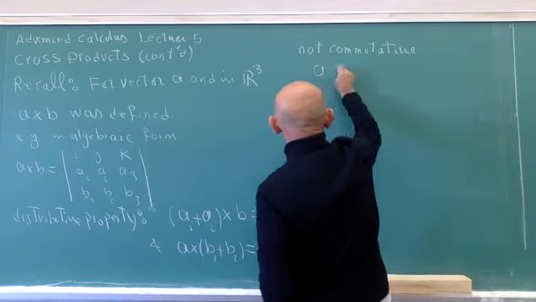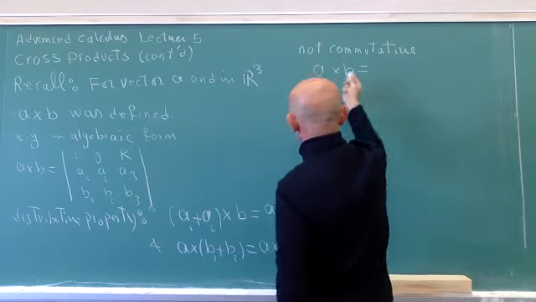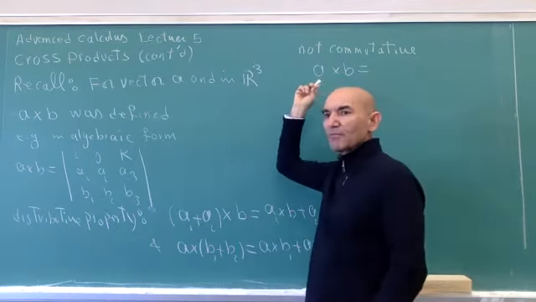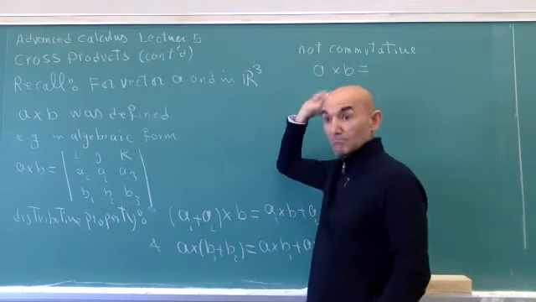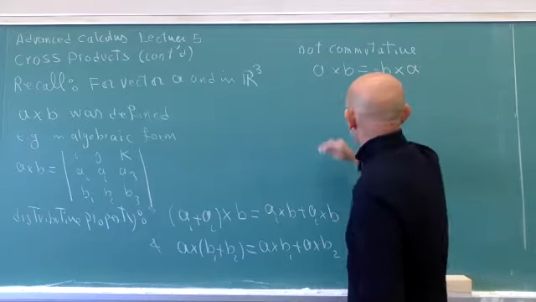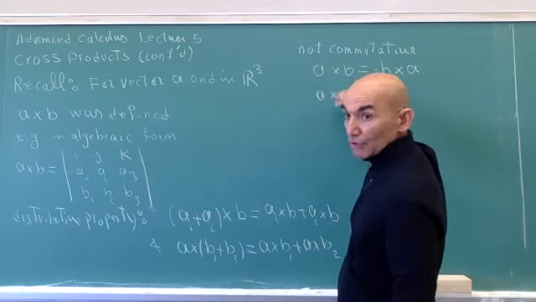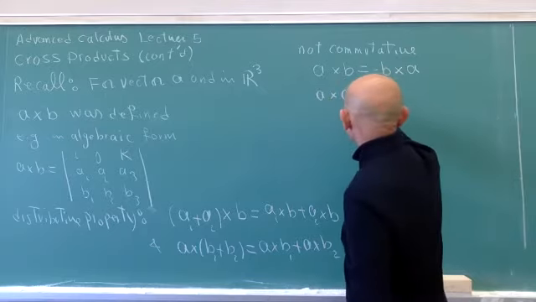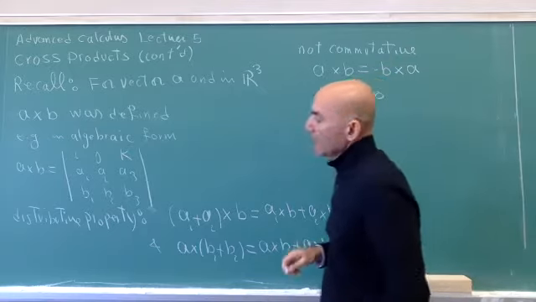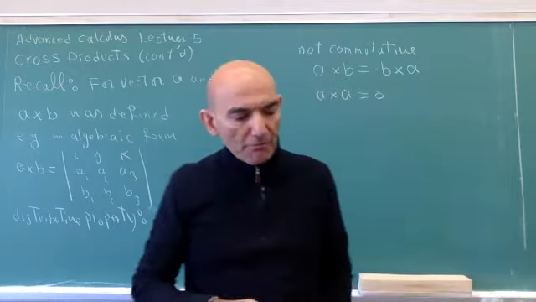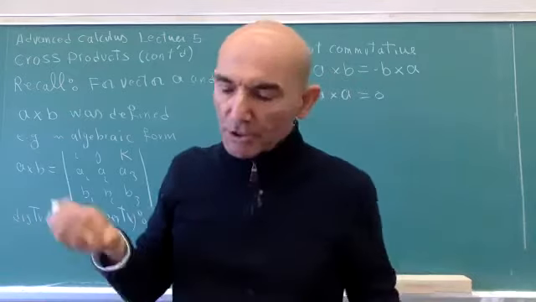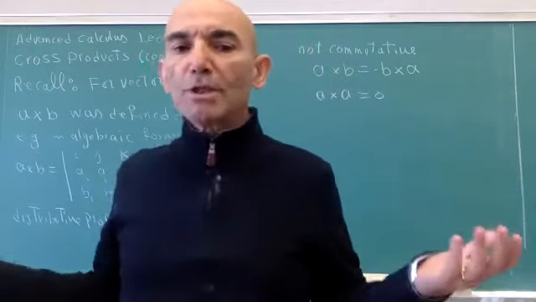A cross B, but can you tell me its value in terms of B cross A? Exactly, it's negative B cross A. And A cross A, as a result of this, is equal to 0. We showed all these things last time. Can you tell me one more property of operations with numbers that does not hold in this case?